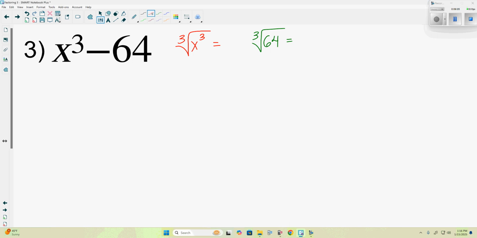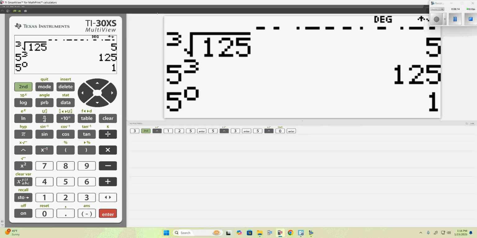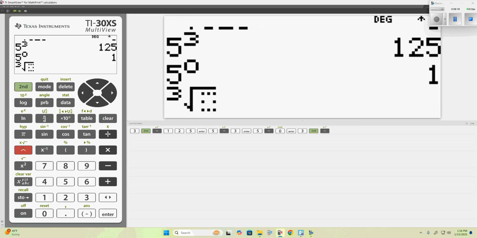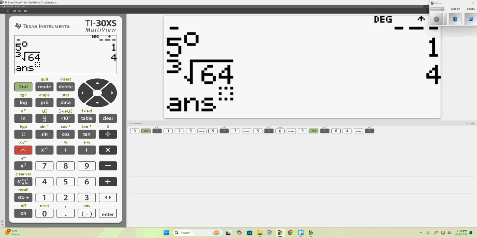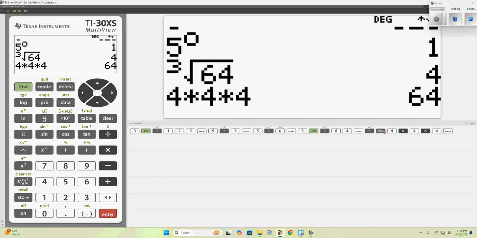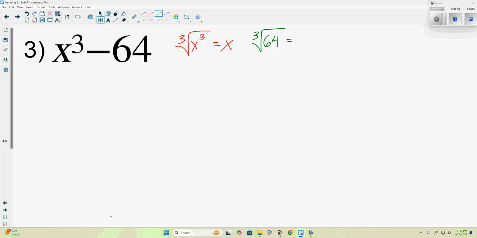The cube root of x to the third is x. Cube root of 64, well, grab the calculator and go 3, cube root 64 is 4. So it's telling us that 4 times 4 times 4 is 64.